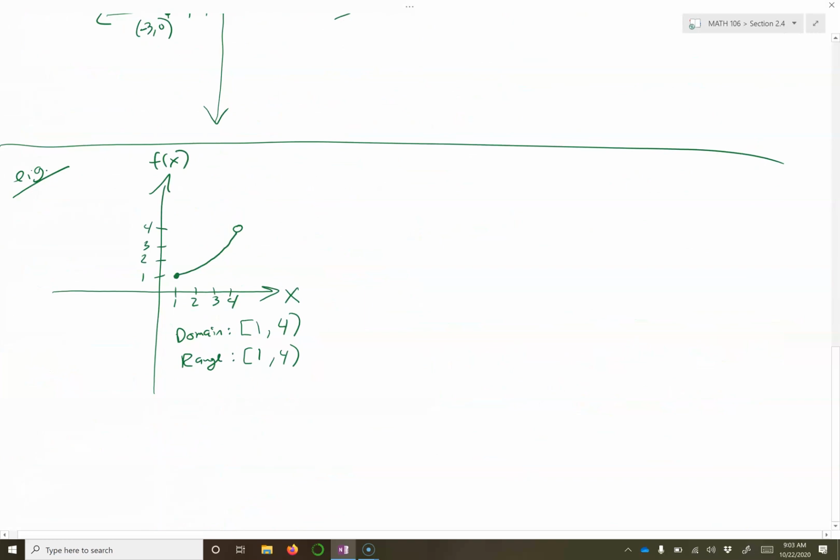How about this one? Some of them get, I don't want to say tricky, you just have to think about it. We're going into not just making graphs, which is procedural, but now you have to interpret the graph, which is a higher level of learning.